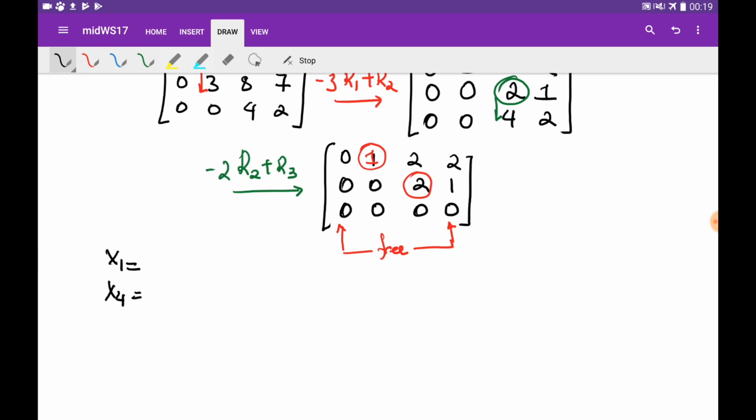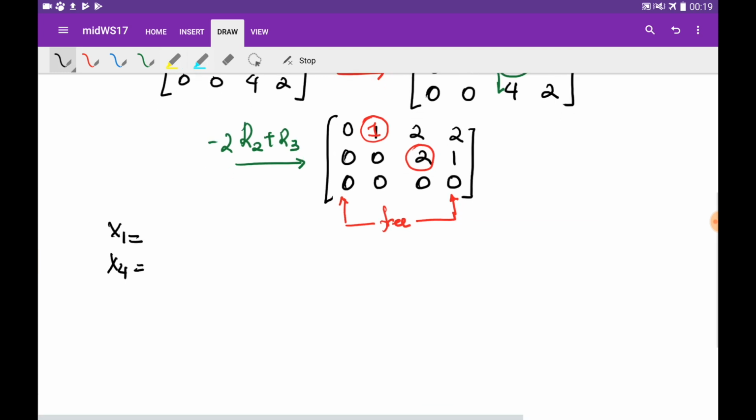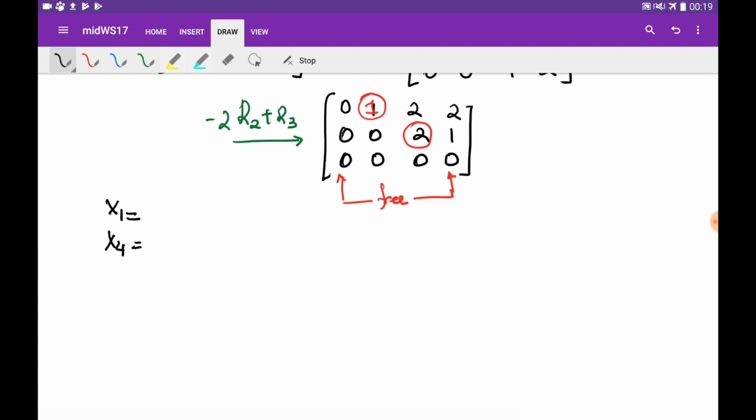Since we have two free variables, we need to find the two special solutions by solving the system RX equals 0, where R is the row echelon form of the matrix A, by assigning the values for x1 and x4 as the columns of the identity matrix. So basically, in order to find the first special solution, we set x1 equal to 1, x4 equal to 0, and solve this system of equations.